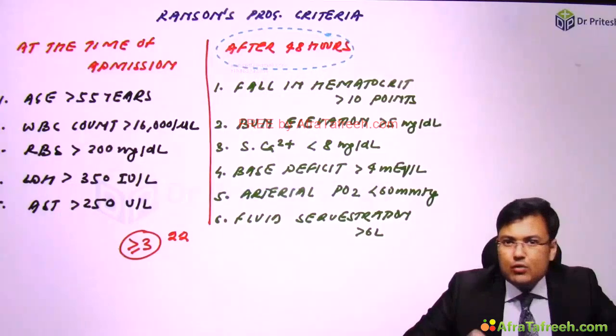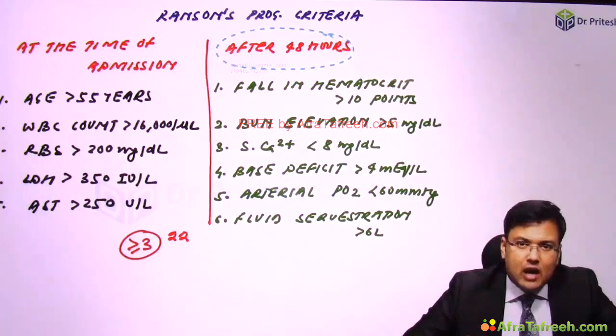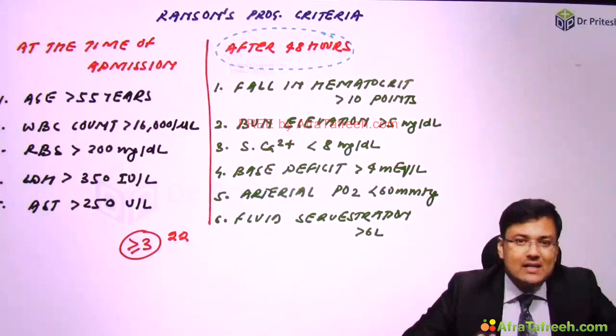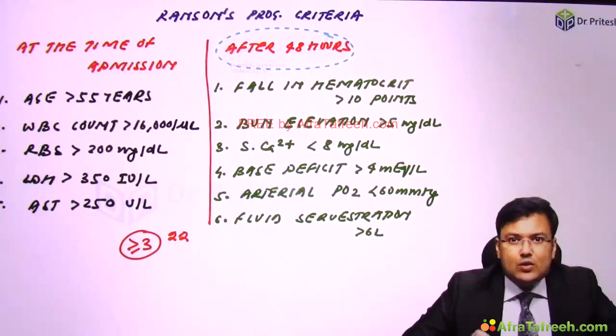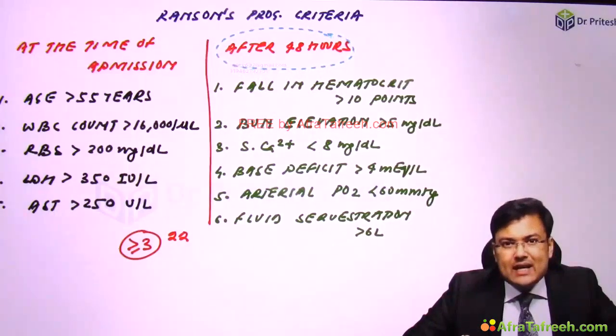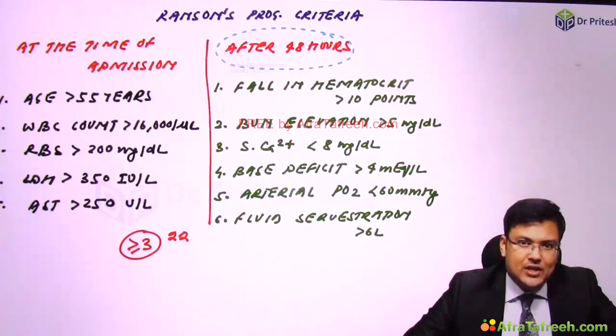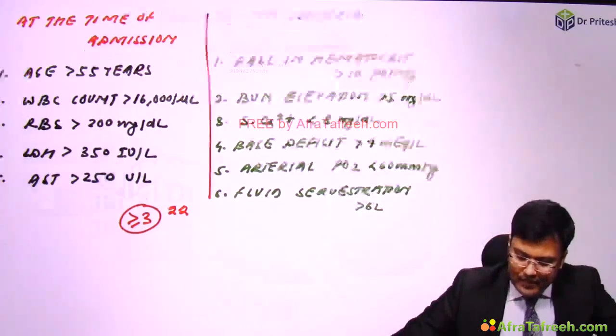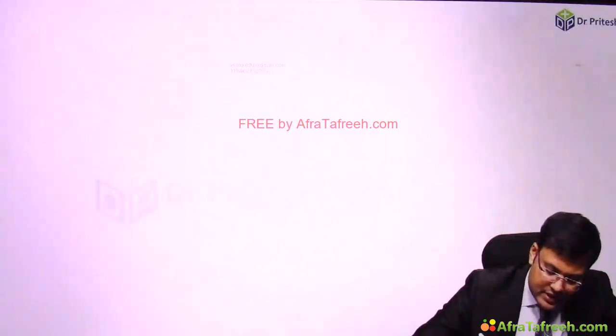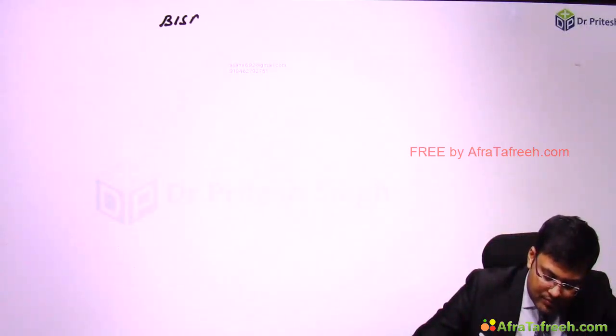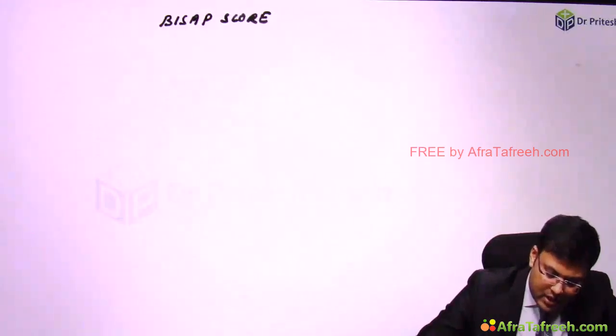Sometimes we want to assess the severity of acute pancreatitis bedside. So that score is known as what? Bishop score. It is calculated bedside. It can be performed in any patients anytime. So what's the Bishop score? Now see, what's the full form?